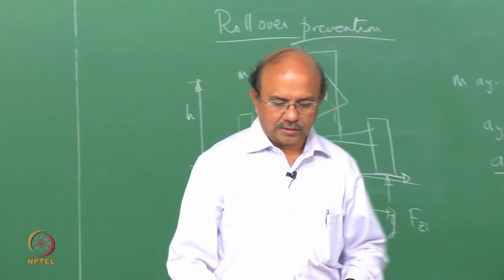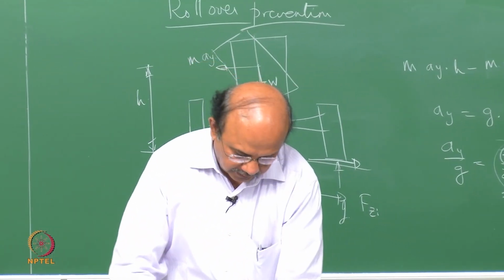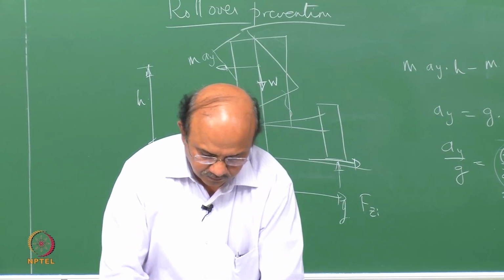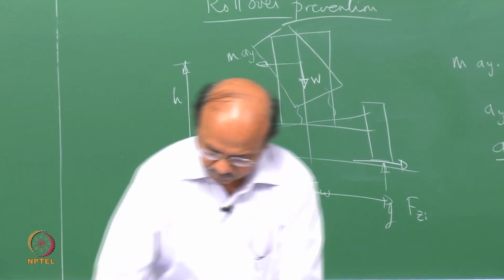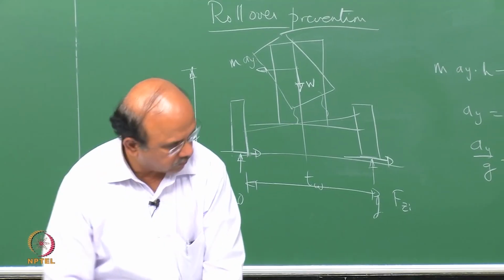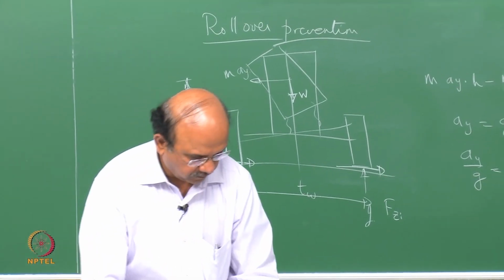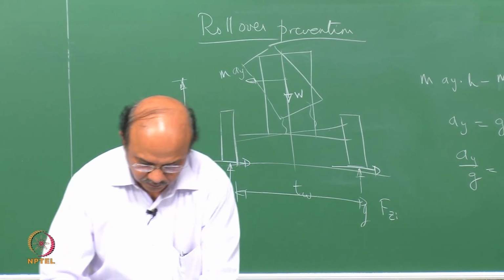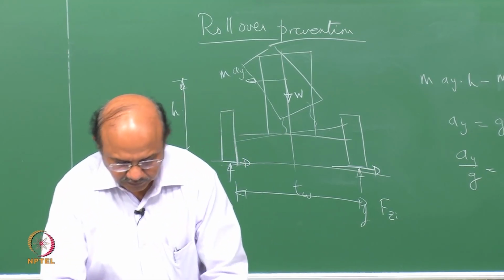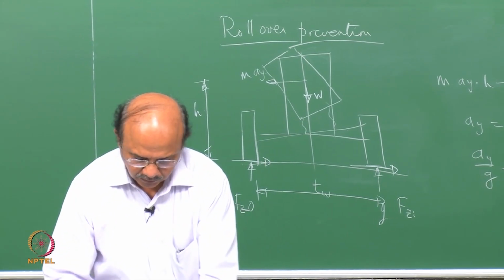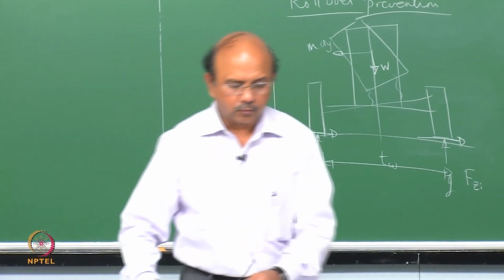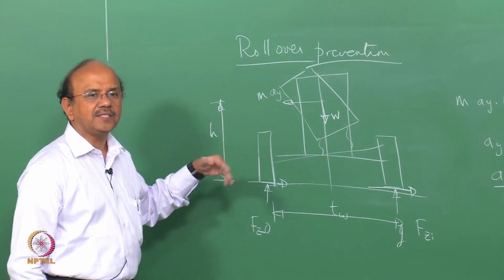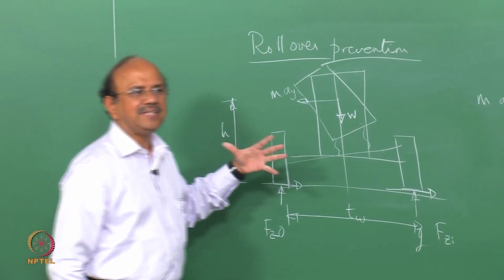If you want something slightly more detailed, I'll give you one more reference, maybe next class. I don't have it right now. So these are a couple of references which talk about this. But one of the things we have not done here is consider the dynamic effects.